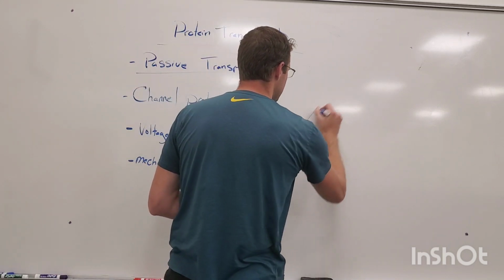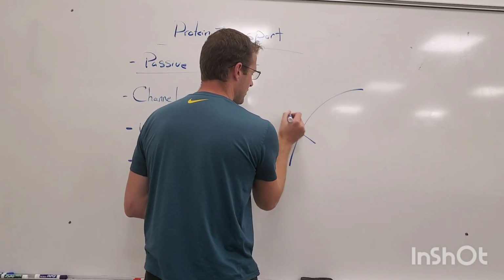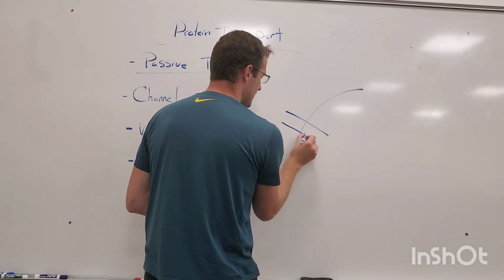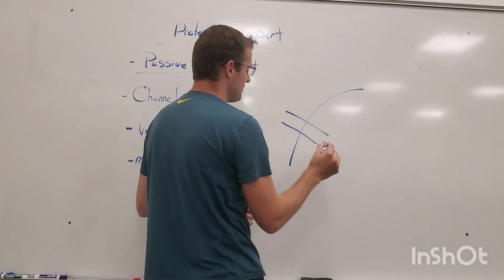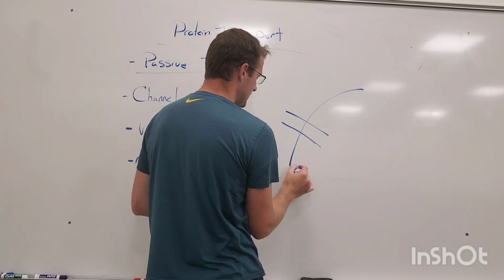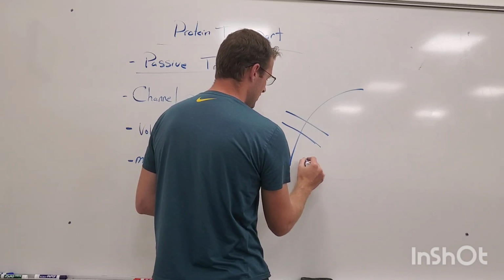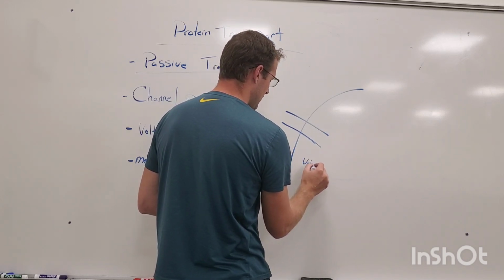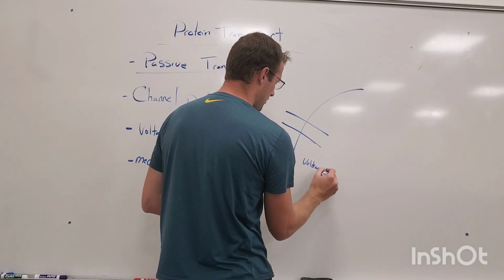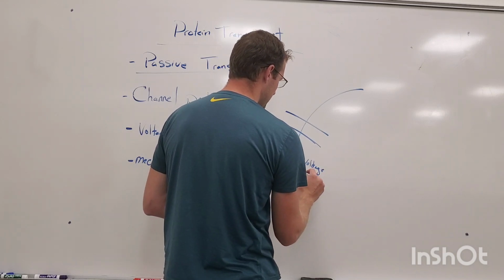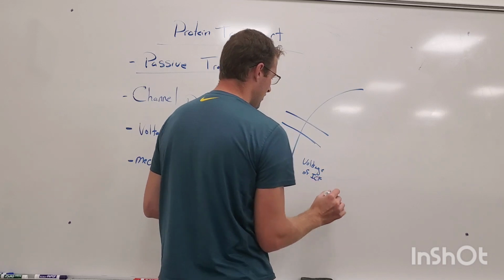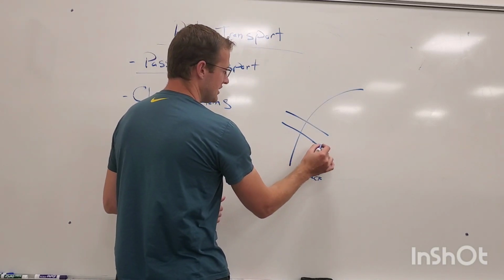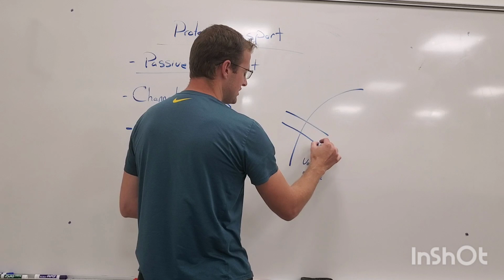Another channel is a voltage gated channel. Once again, this is specific to a certain ion. When there is a change in the voltage of the intracellular fluid, it will cause a change in this protein.